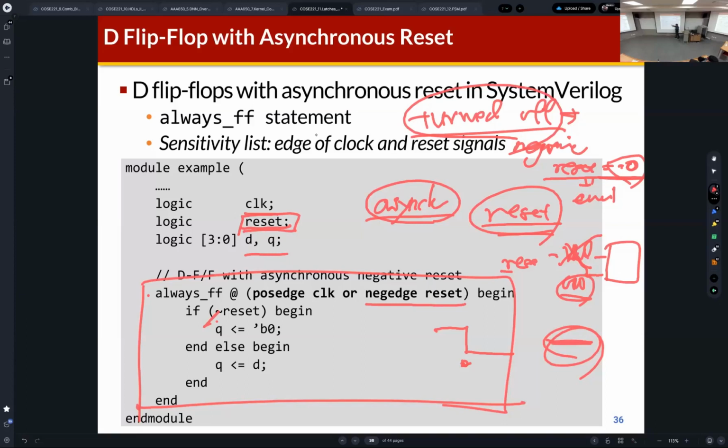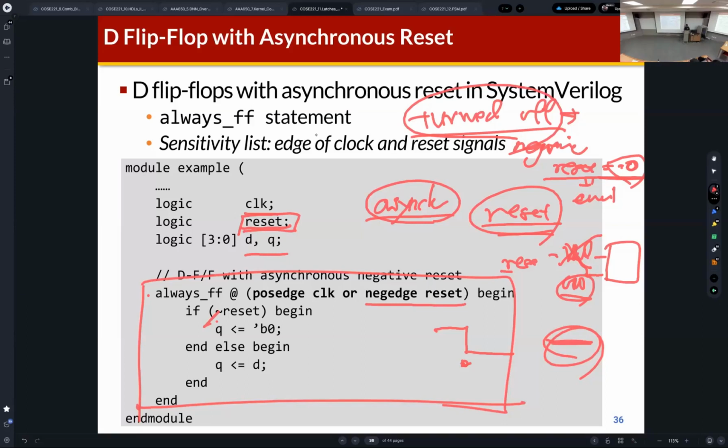So this is the example of a flip-flop with asynchronous negative reset, and we frequently use this type of flip-flop in common digital systems. Okay. So we can implement this flip-flop like this.